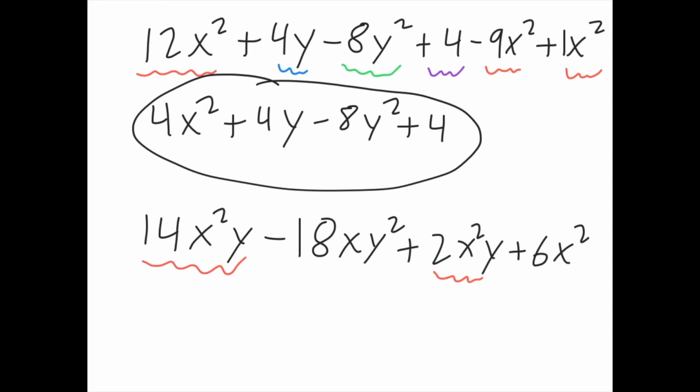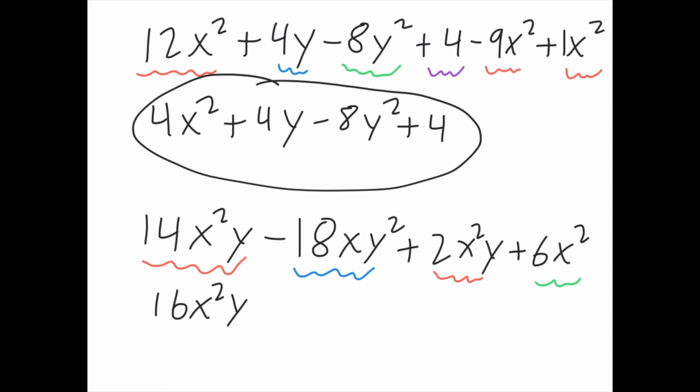So then we get the other like terms. We have minus 18xy squared. Nothing goes with that. And 6x squared. Nothing goes with that. So we combine our like terms. 14 plus 2 will give us 16 x squared y.